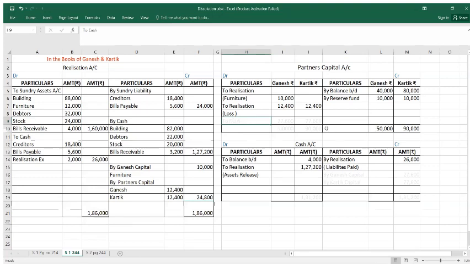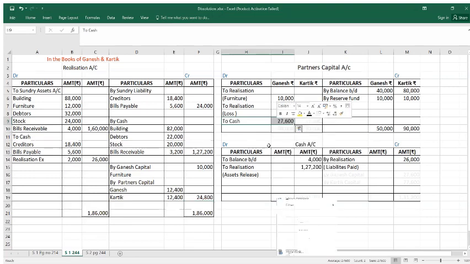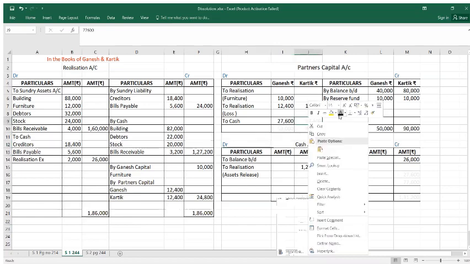So from 50,000 we have to deduct 22,400. We'll get the balance of Ganesh. So the journal entry for Ganesh will be Ganesh capital account debited 27,600 to cash 27,600. Just like that, we're going to close the Karthik capital also.